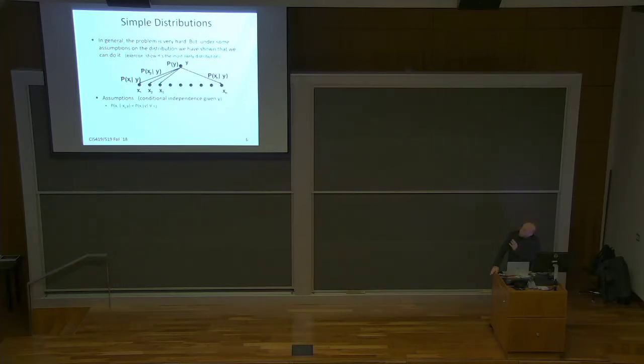The important thing to understand here is that by drawing the n+1 variables this way, with a y that has no parent, and xi's that have a single parent, an edge going toward them from y, we actually encode, as a convention, a conditional independence assumption. The specific assumption is the one written there: xi and xj are independent given the parent y. And you know about this already in naive Bayes.